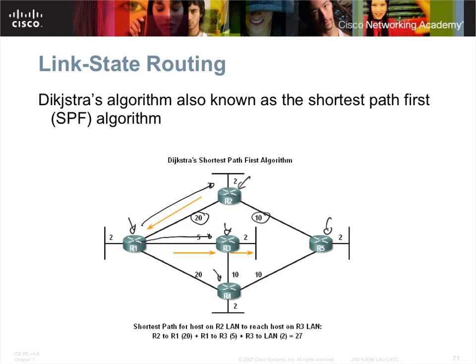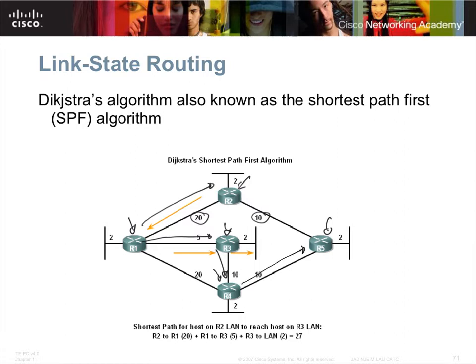But if I want to go to router 4, we will see that we have to go through router 3 first and then router 4. This will have a lower accumulated cost because 5 plus 10 is less than 20. Similarly, if I want to go to router 5, then I have to go through router 3 first, then router 4, and then router 5.